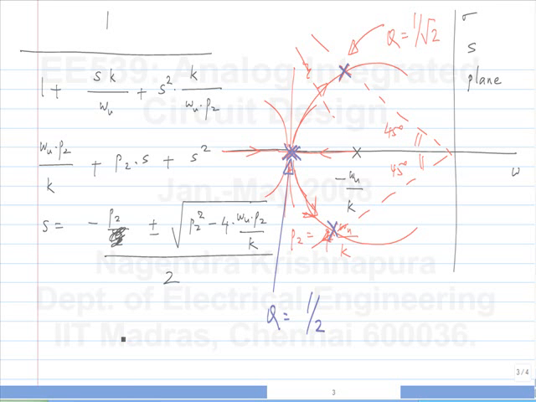Because you have put that x is minus p2 by 2. Y square is p2 square by 4 minus something. So y square is some x square, x minus something whole square. So minus p2 by 2 plus minus.